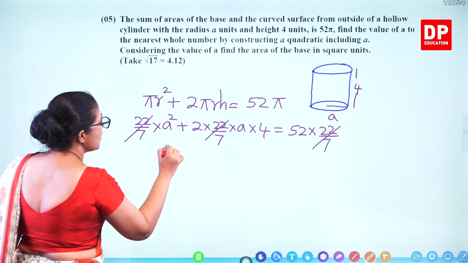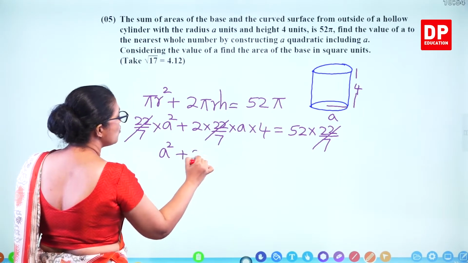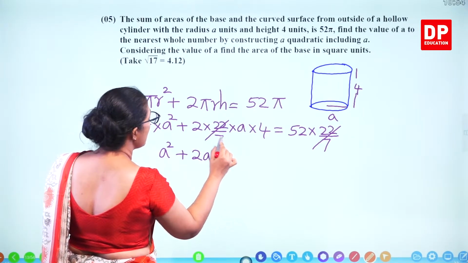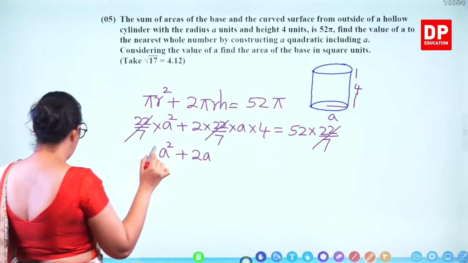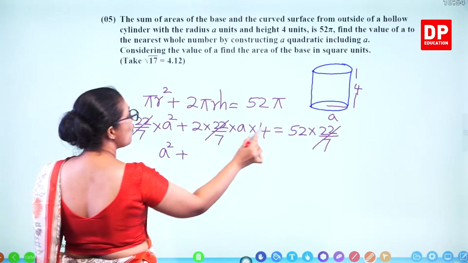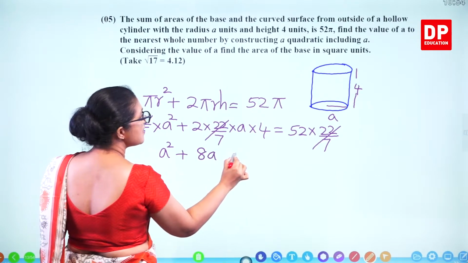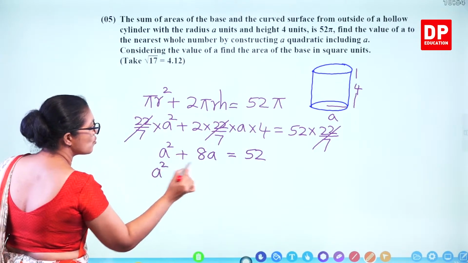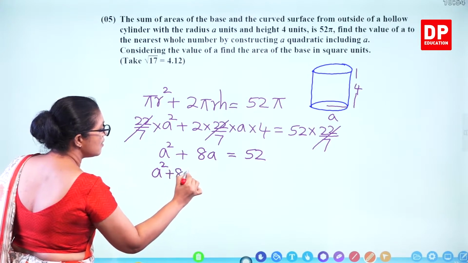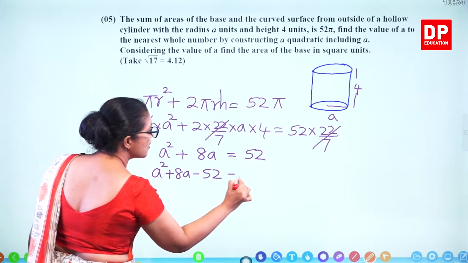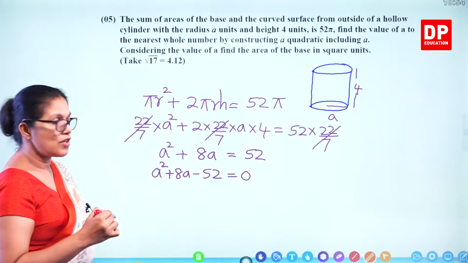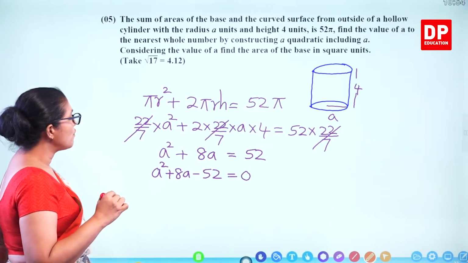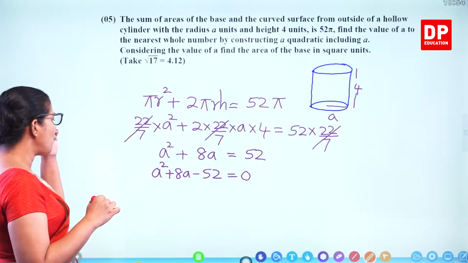So you get A squared plus 8A, because 2 times 4, 8A is equal to 52. Take it to this side, you get minus 52 equals 0. This is a quadratic equation. How do you solve a quadratic equation? You have to factorize.